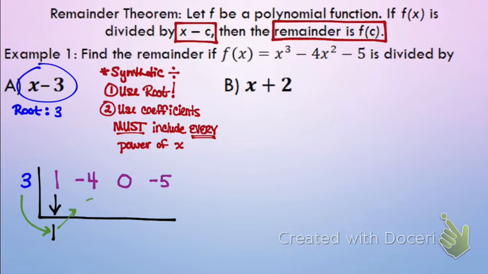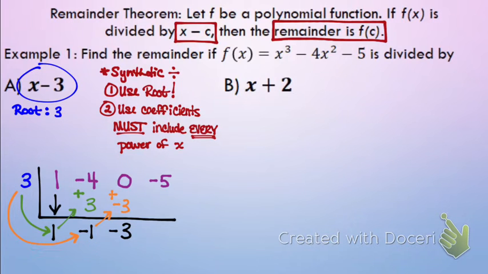I write that down and add it to the number above. Negative 1. Then I multiply that with my root again. 3 times negative 1 is negative 3, and I add it to the number above. So negative 3. And then one more time through, I take my root.